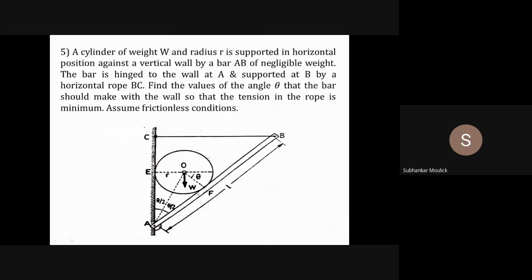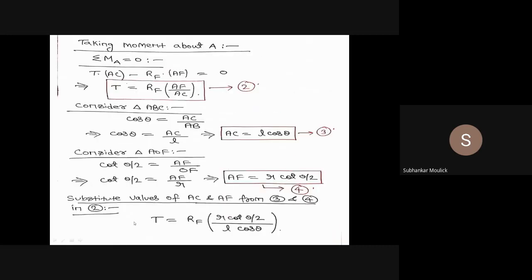Now if you see the diagram, theta can vary from 0 degree to 90 degree. When the value of theta is 90 degree, the bar AB will exactly coincide with the vertical wall AC. Yes or no?